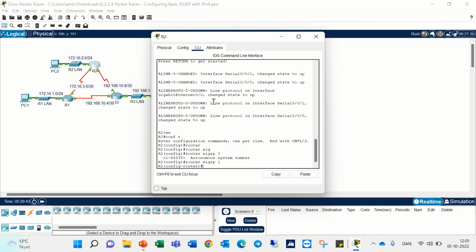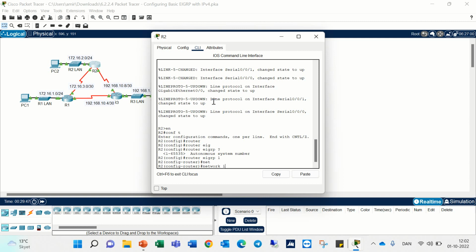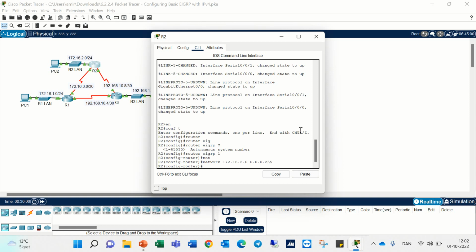And the network should be 172.16.2.0, all the networks that are connected directly to router 2, you can see here, here, and also here. And this is 0.0.0.255. And we have another network here, 16.3, and this wildcard mask is 0.0.0.3.